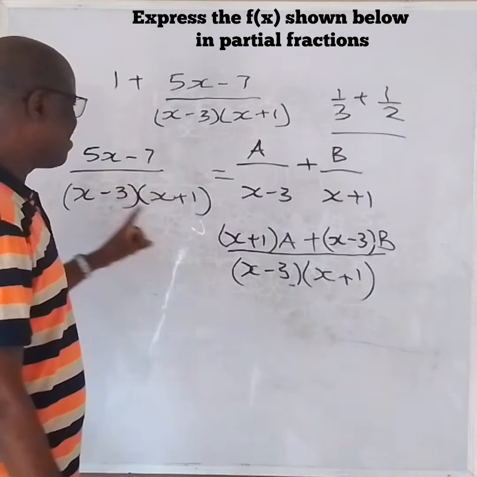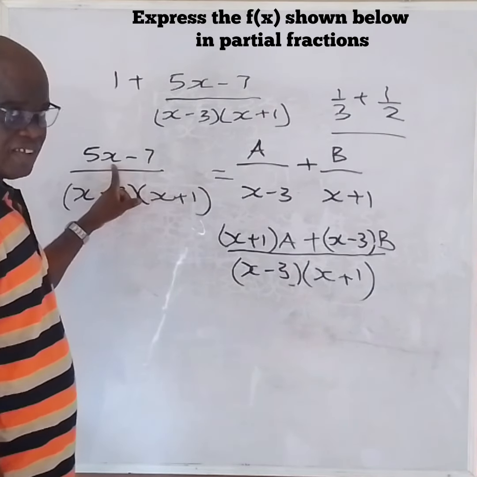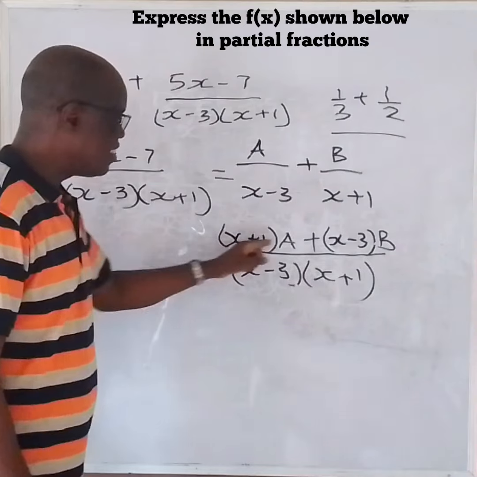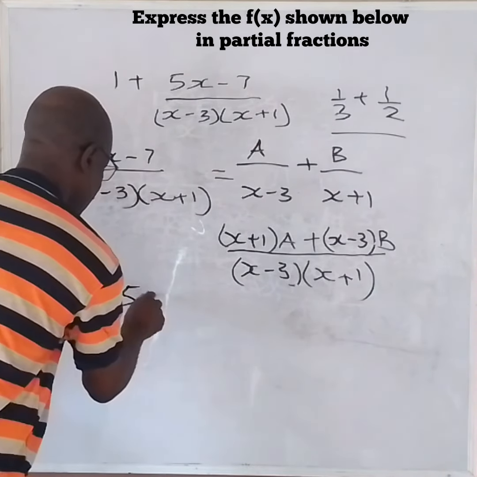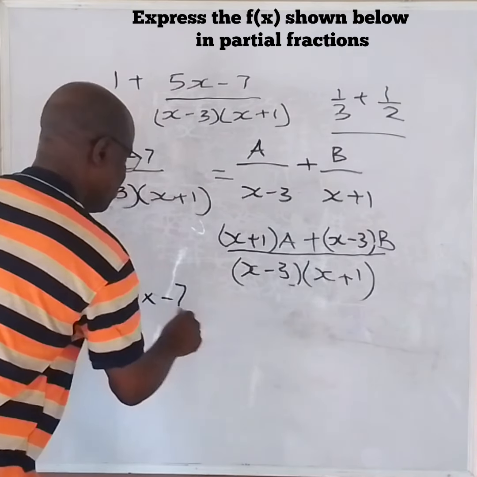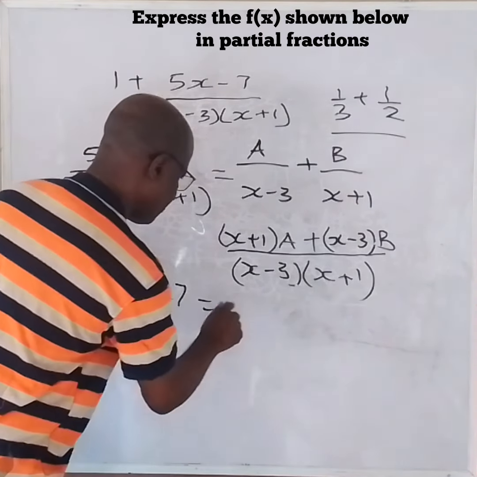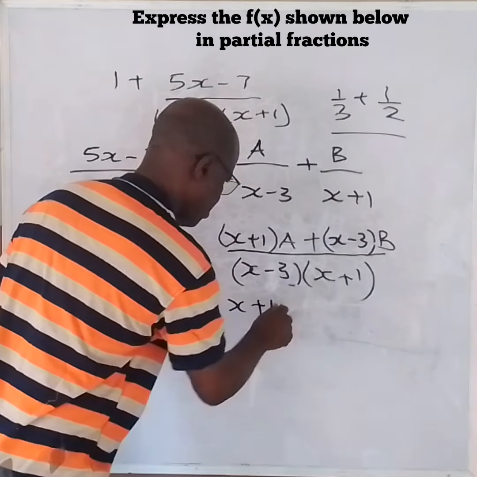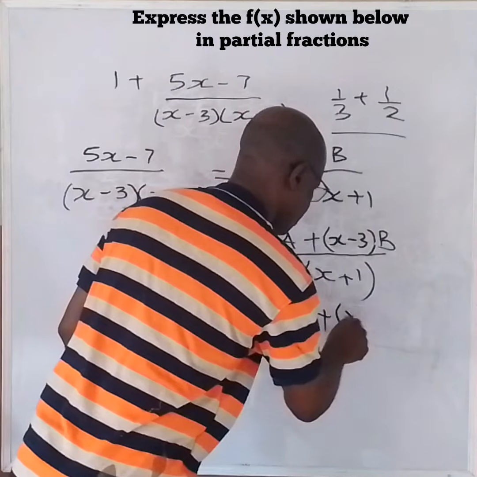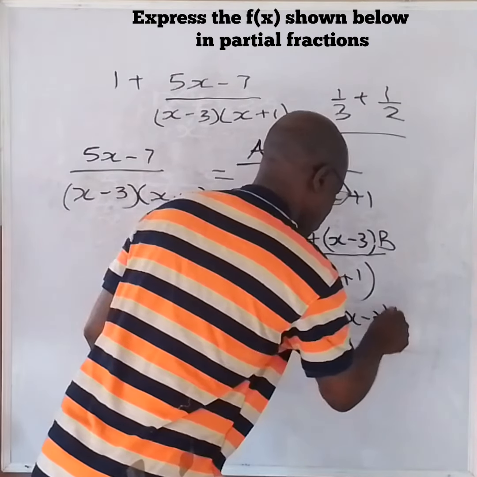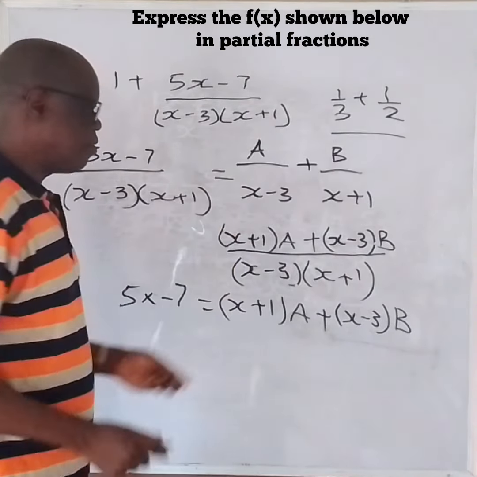So if this and this are the same, then it means this, 5x minus 7, and these ones are the same. So you now say 5x minus 7 is equal to this. So they are the same.